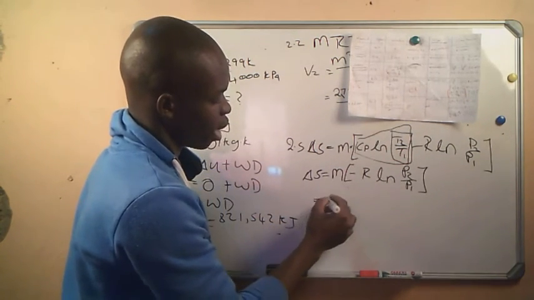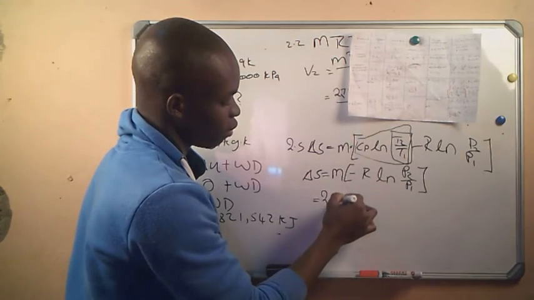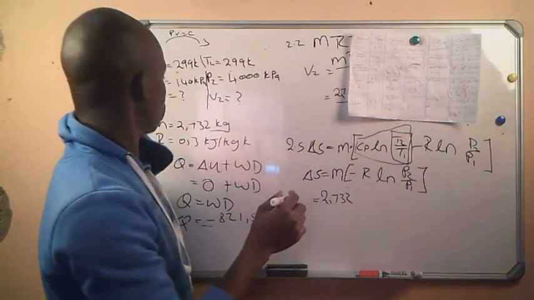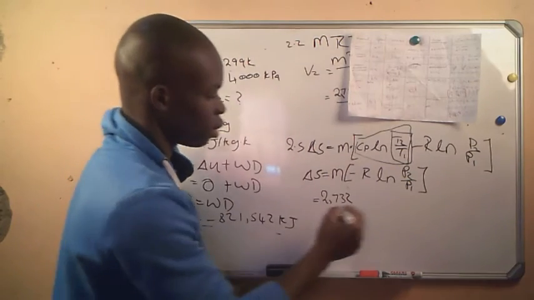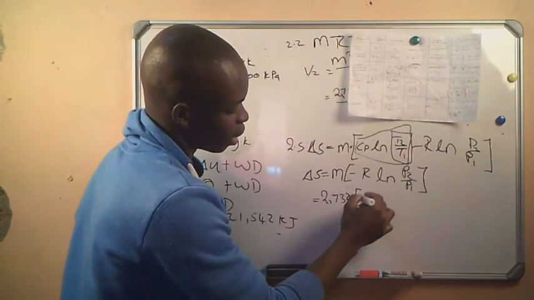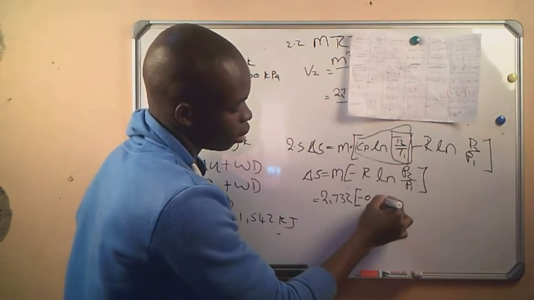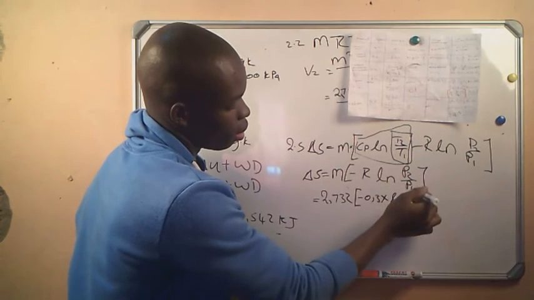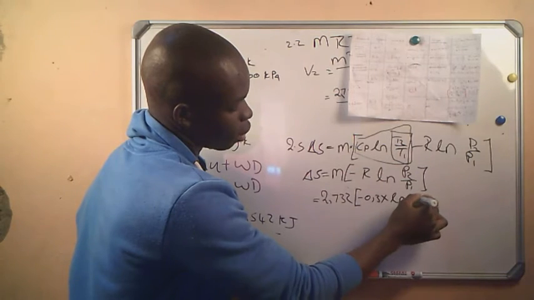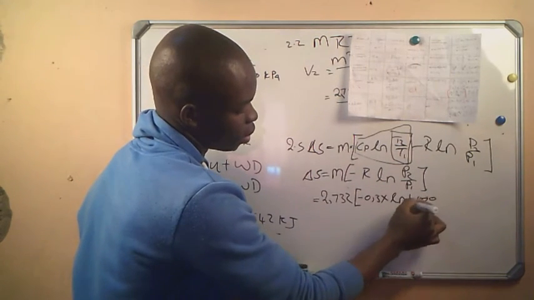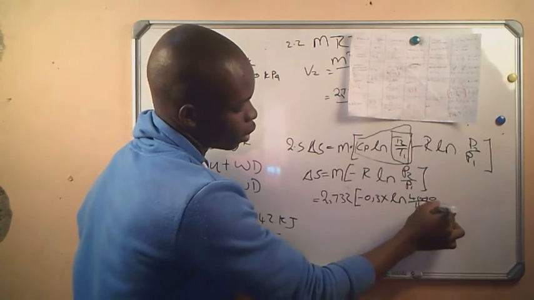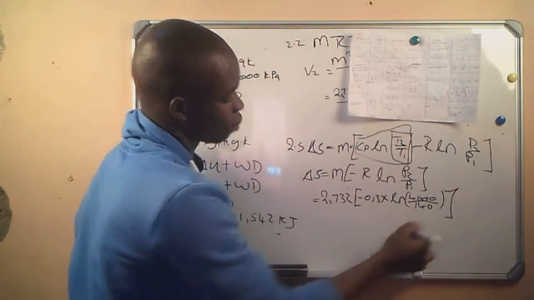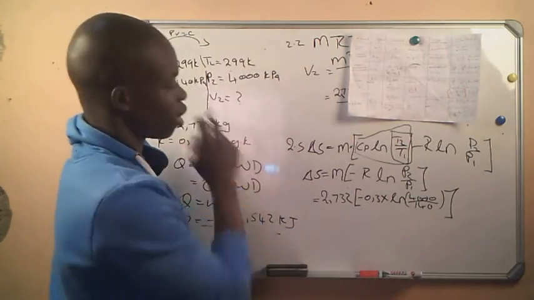Now our M is 2.732, if I'm not mistaken. Yes. And then in brackets minus 0.3 times ln our P2 is 4,000 divided by 140. 4,000 divided by 140.